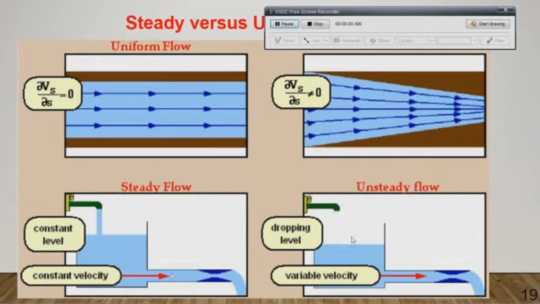But for unsteady, if the level or the condition changes, then the velocity here will change. So steady or unsteady very much depends on time. For example, maybe in the morning there is a constant stream level. As long as the level is constant, then the speed will be constant. But maybe in the evening, the level drops, so because of that, the speed will drop as well. So that is steady and unsteady.